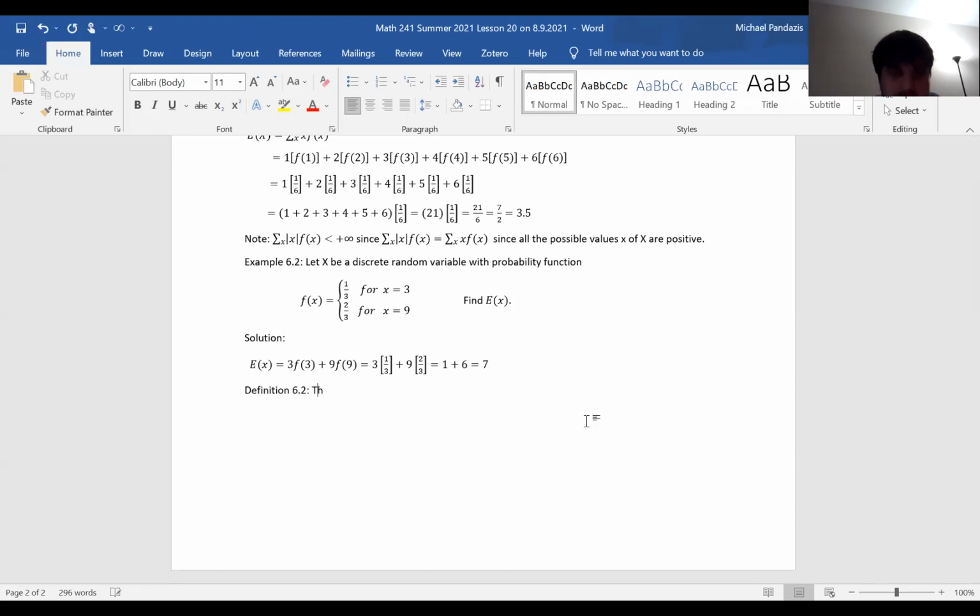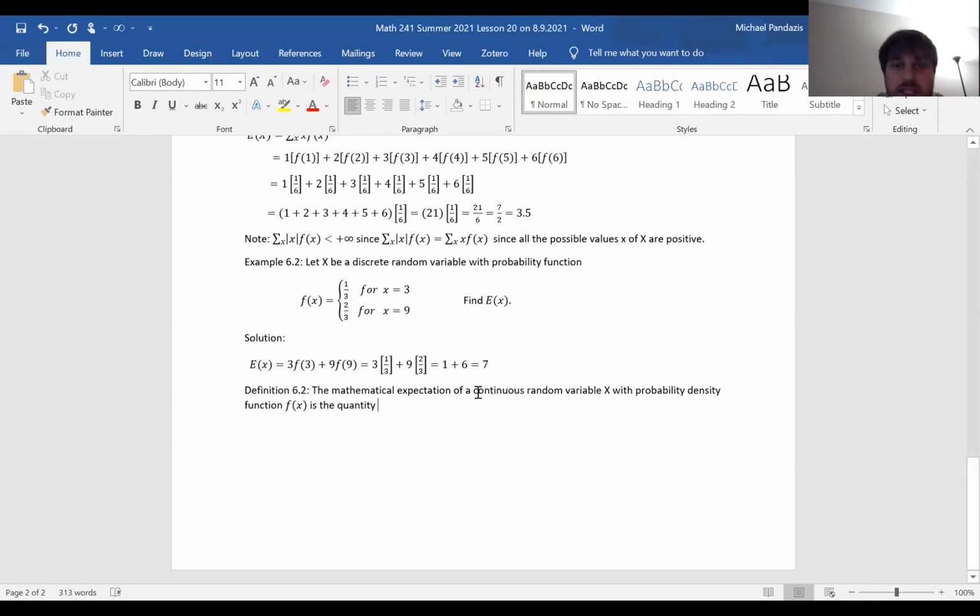Okay, so definition 6.2. The mathematical expectation of a continuous random variable capital X with probability density function little f of x is the quantity.